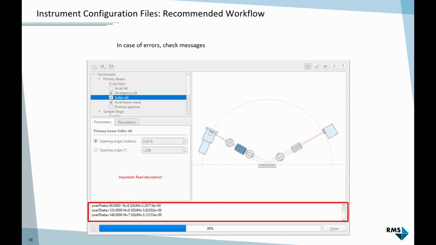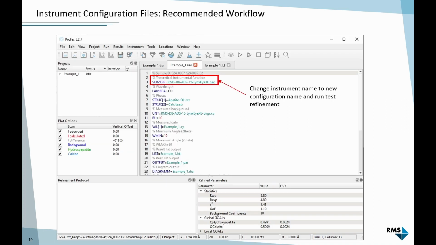But just follow the status bar at the bottom. You will see the progress, and anything between 20 seconds and a few minutes is possible. And then once you're done, the new instrument configuration is available.